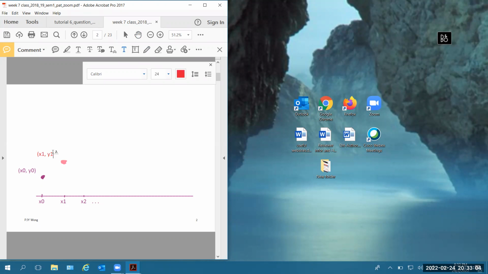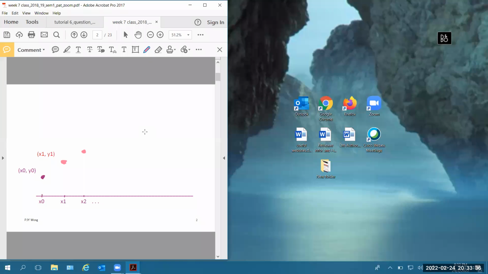So in numerical methods, we just find the value y1, the y value at x1. Likewise, we also go and find the y value at x2. Then we get this point here. Now, all these y1, y2, y3, and so on, are our numerical solutions, right?